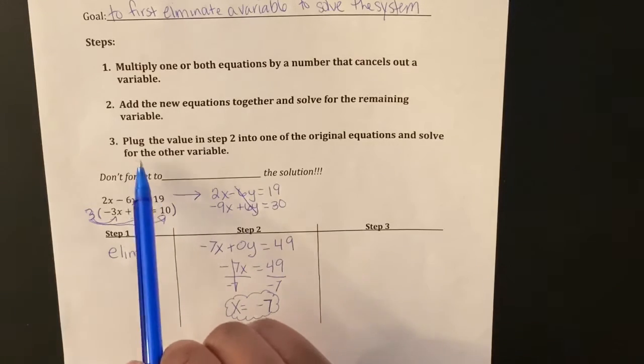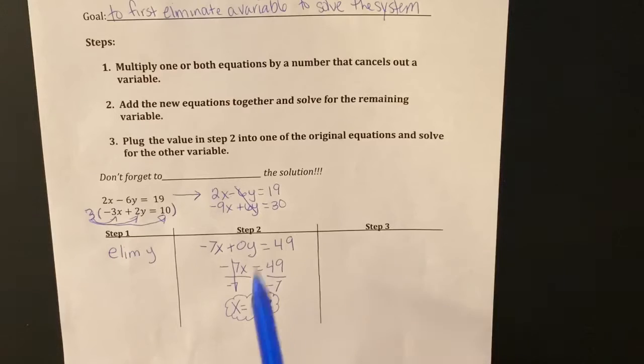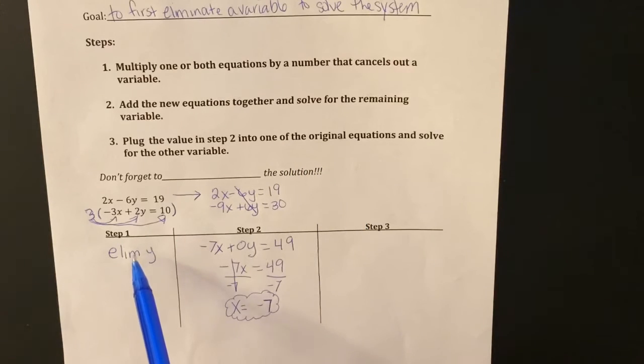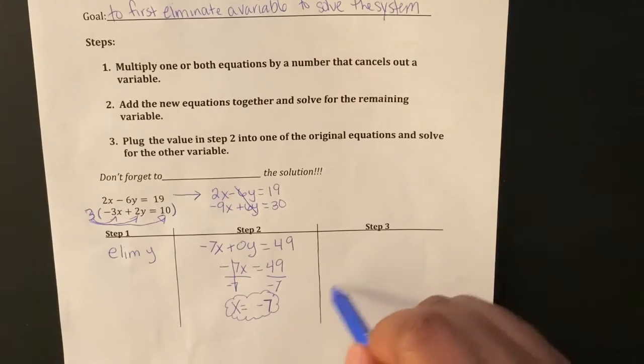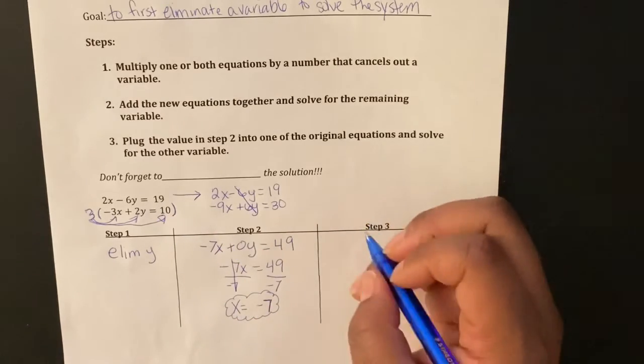Now, step 3 says plug that variable that you just solved for in step 2 into one of the original equations. Doesn't matter which one you plug it into. You can plug it into whichever one you want. And when I plug this negative 7 into either one of these, it's going to solve for y.